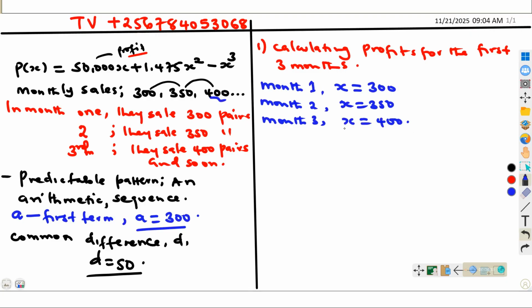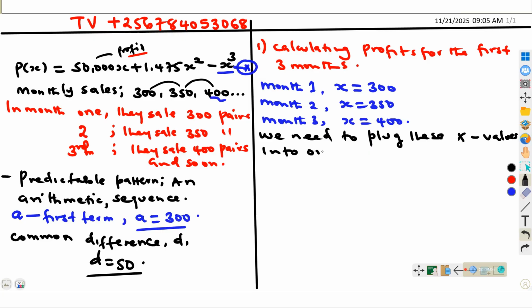So now we just need to plug these X values into our profit function. We simply substitute the values for X into the given function.